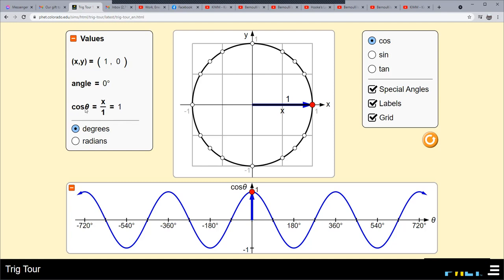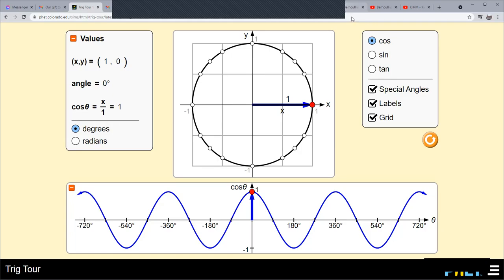If you take note of the cosine value, that will be x over 1, which simply equals 1. However, if we move this, that is how we are going to show the function for the sine.